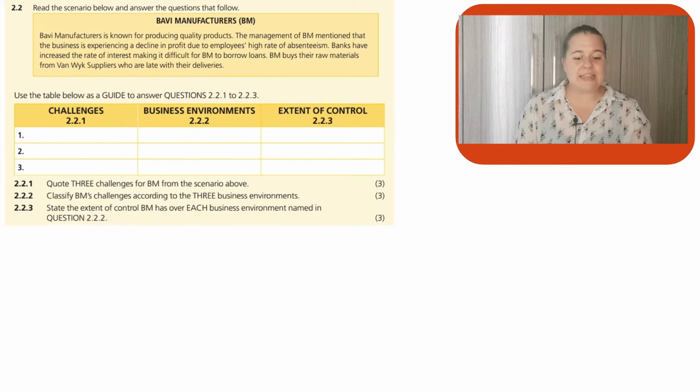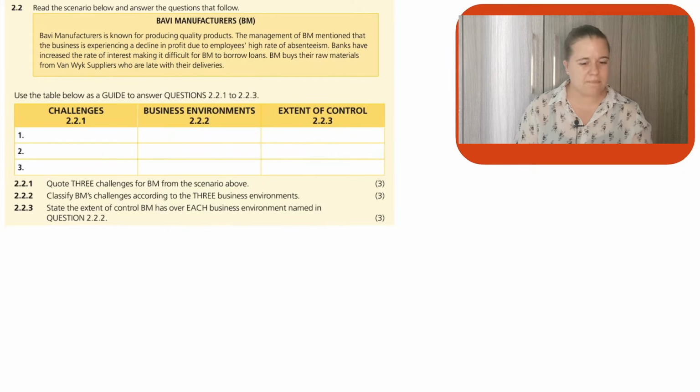It is the scenario. Now you know with most business studies papers, there will be a scenario. All right, so Bavi Manufacturers. Bavi Manufacturers is known for producing quality products. The management of BM mentioned that the business is experiencing a decline in profits due to the employees' high rate of absenteeism.